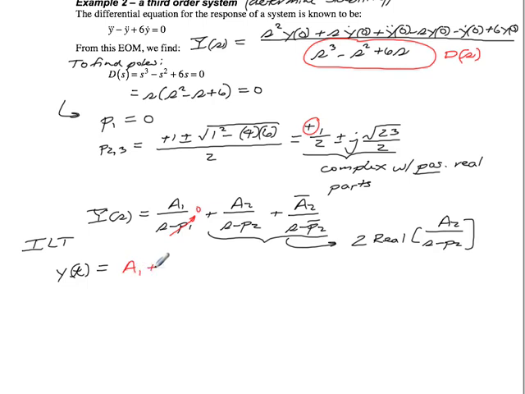And then what we get from this is 2 times the real part of a2 e to the p2 t.